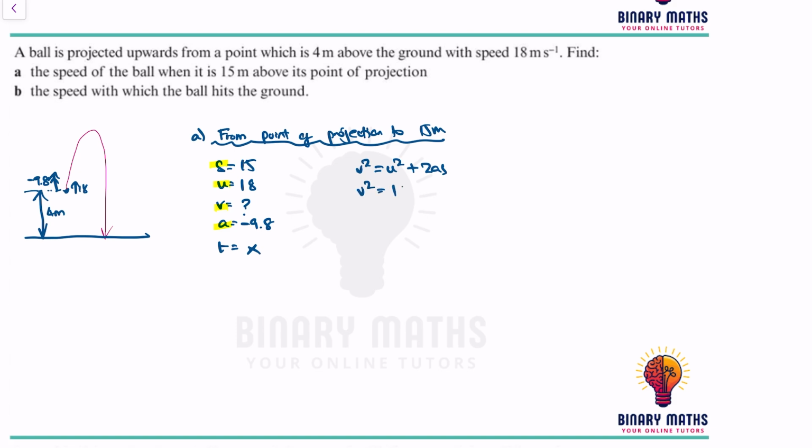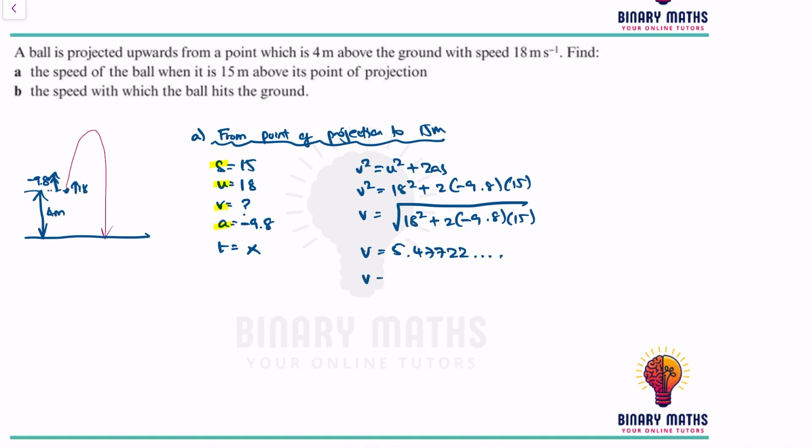V squared is equal to 18 squared plus 2 times minus 9.8 times 15, which means V is equal to the square root of that, which is 5.47722, so on. So V would be equal to 5.48 meters per second.